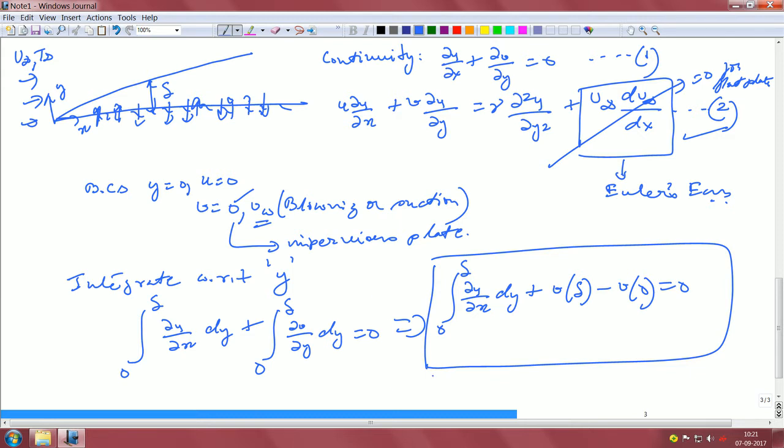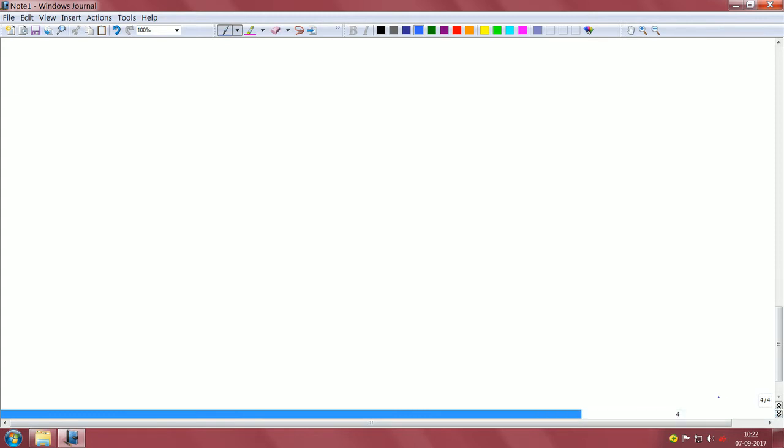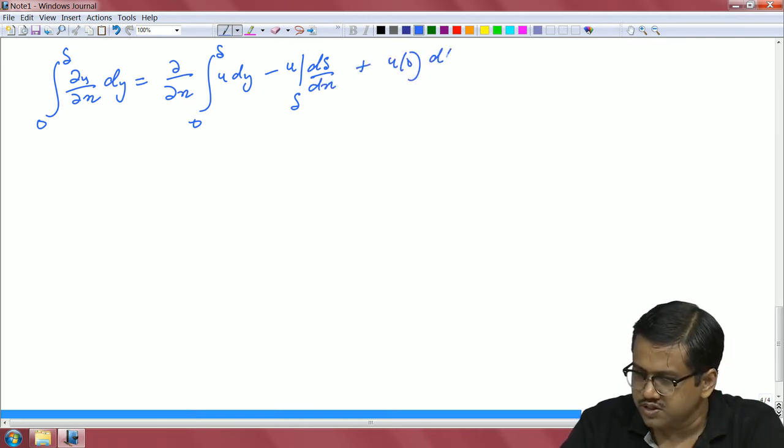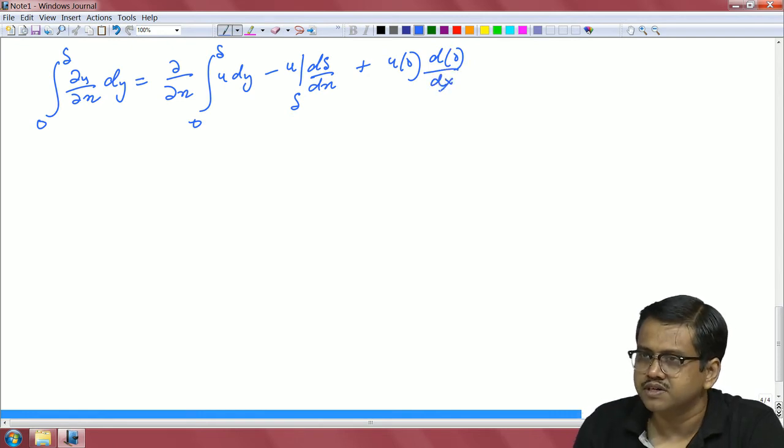Now, we are going to apply Leibniz rule on this. We already established the Leibniz rule. Now, we are going to apply it first to our continuity equation. So, by Leibniz rule, the integral of du/dx dy will be d/dx of the integral of u dy, minus u at delta d delta/dx plus u at 0 d0/dx.